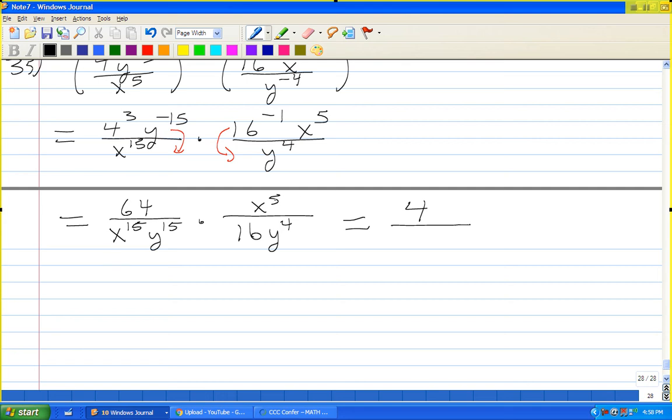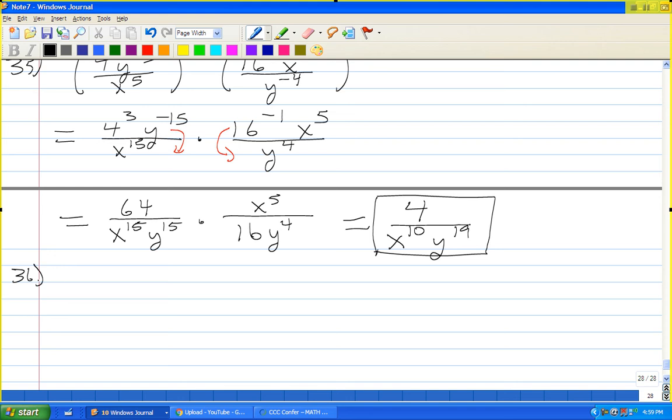I have the same base x. 15 is greater than 5, so I keep x in the denominator. 15 minus 5 is 10. I have the same base y, and they're being multiplied, so I add exponents. 15 plus 4 is 19. And that is your answer.